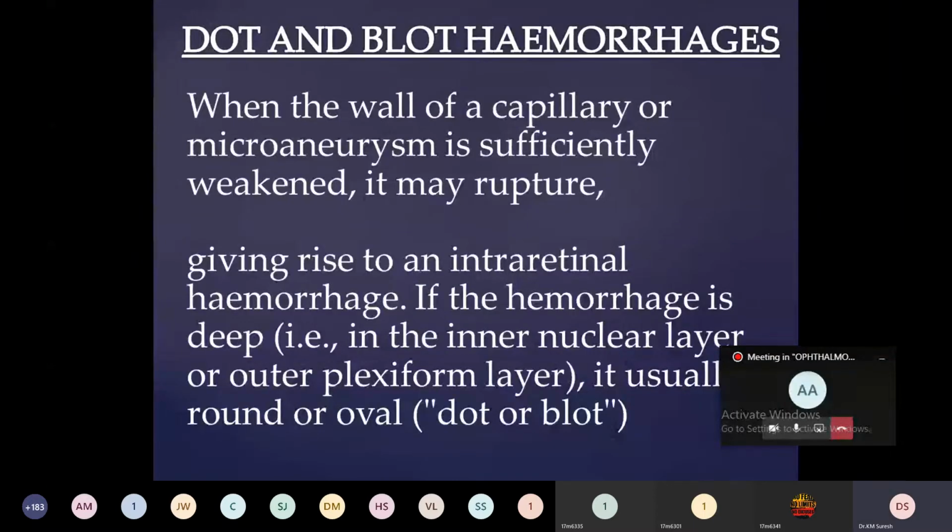So how are the dot and blot hemorrhages formed? When the wall of a capillary or microaneurysm is sufficiently weakened, it may rupture, giving rise to an intraretinal hemorrhage. And if the hemorrhage is deep, that is in the inner nuclear layer or outer plexiform layer, it usually assumes the shape of a round or oval, and hence the name dot or blot hemorrhage.